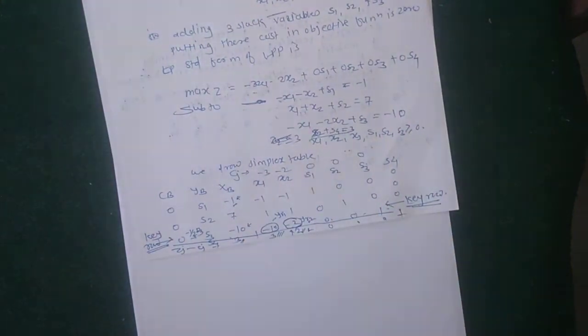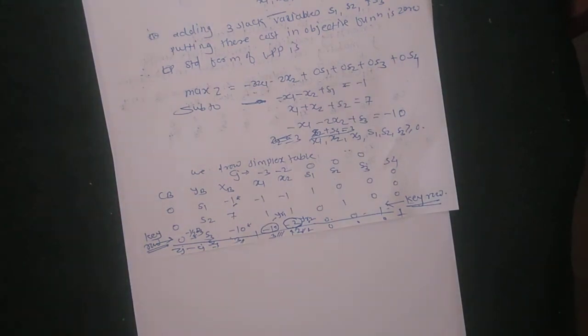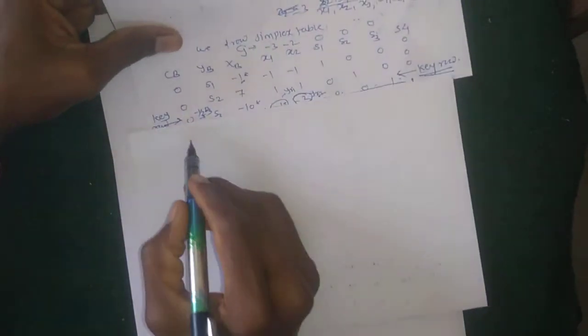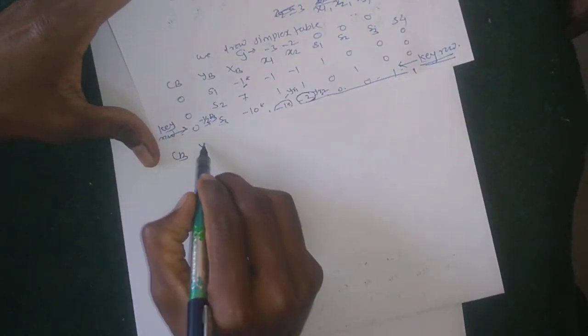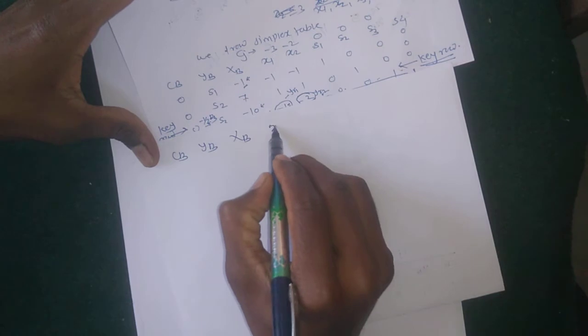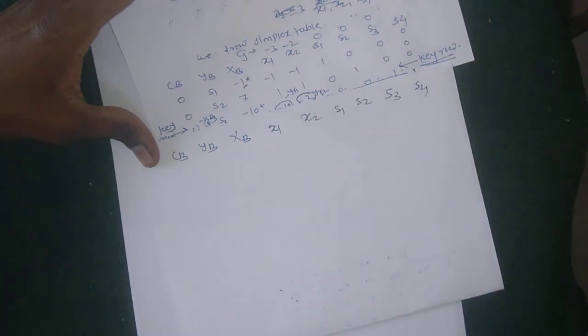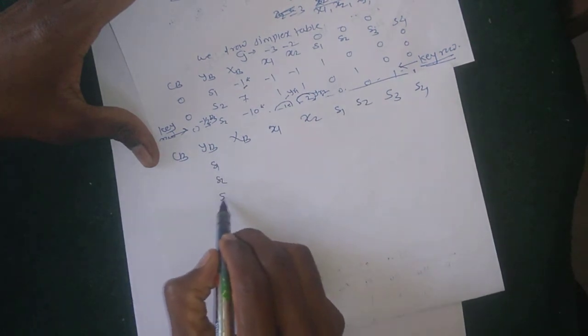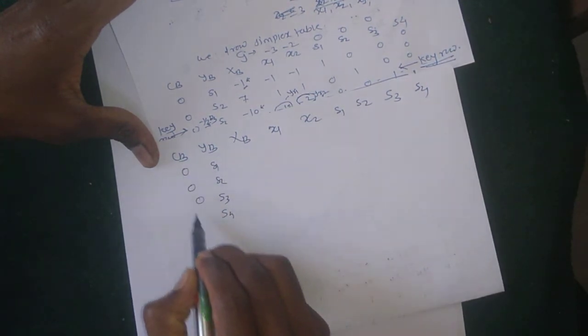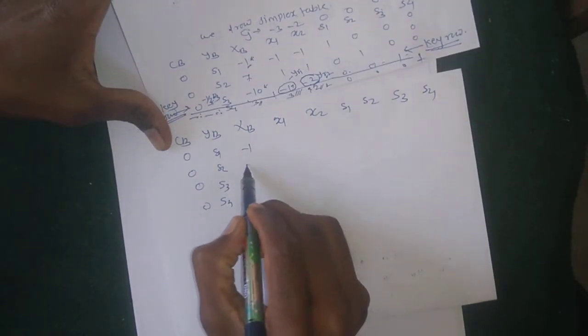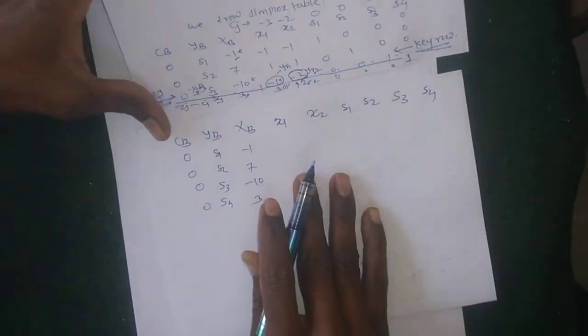So firstly I am drawing this table. Okay, so this simplex table is in this way: cb, yb, xb, then x1, x2, s1, s2, s3 and s4. Here s1, s2, s3 and s4 are 0, 0, 0, 0. Minus 1, 7, minus 10 and 3.